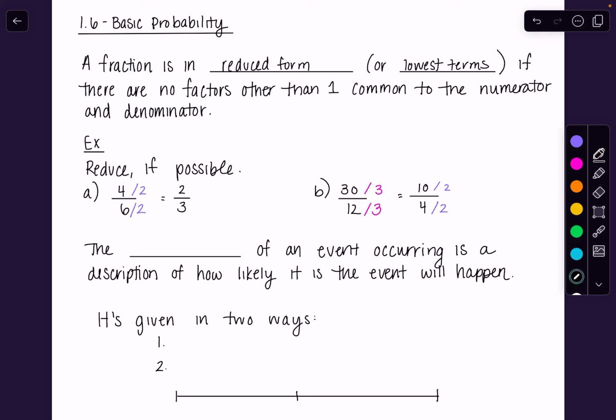So we take top and bottom and divide by 2, and that leaves us with 5 over 2. And now 5 and 2 share nothing in common because 5 is only divisible by 5 and 1, and 2 is only divisible by 2 and 1. So that is in lowest terms. Okay, but see how I had to take 2 steps here? That tells me there was actually a bigger number that divided into 30 and 12 from the start.